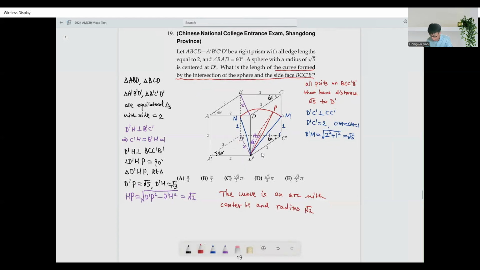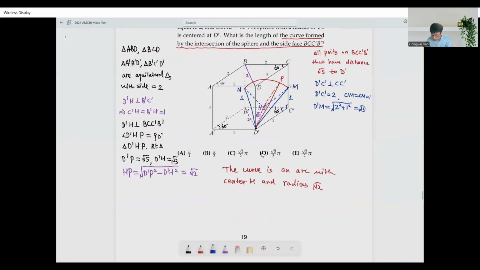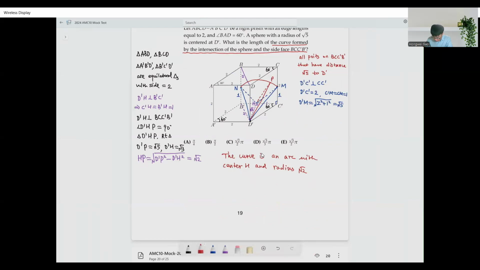So let's figure out this length. So here is this arc. Let me draw this arc here.